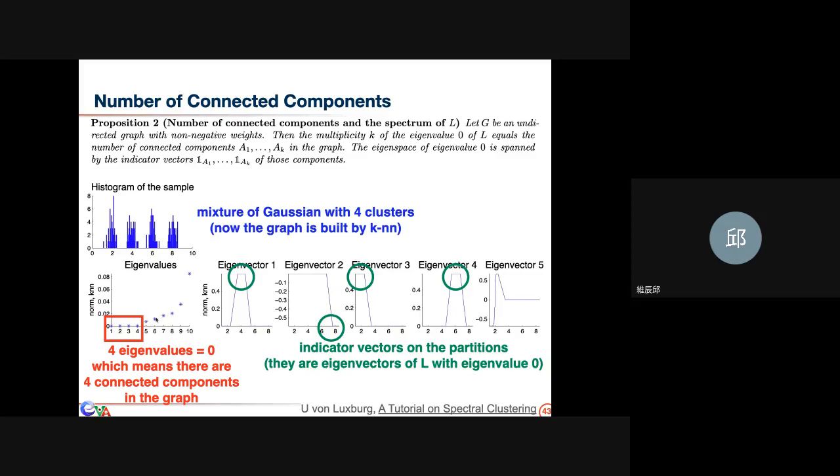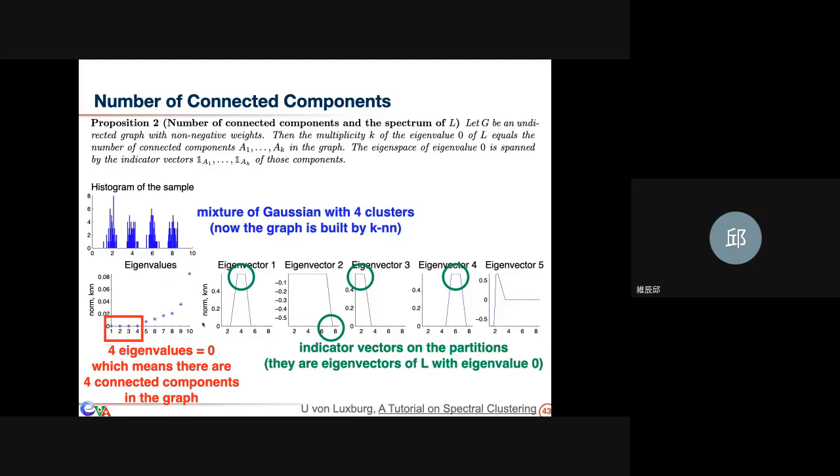So you can set up your own toy data set and perform such computation to verify what we have learned about the connection between the number of zero eigenvalues and the number of connected components.